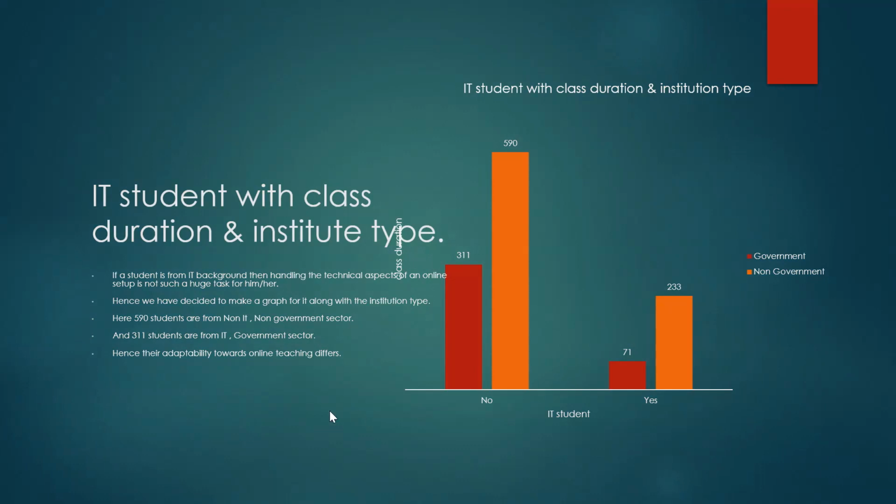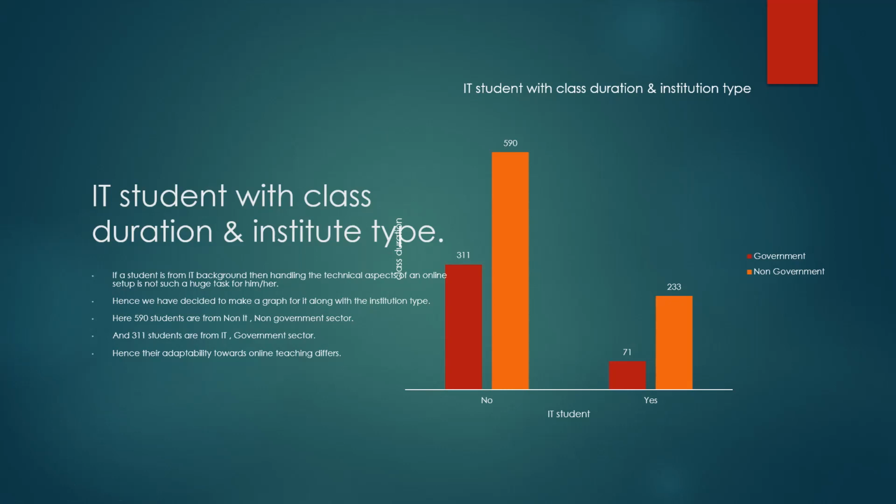If a student is from an IT background, then handling the technical aspects of an online setup is not such a huge task for him or her, because he might know when to turn the camera on and off, mute and unmute himself, and do the volume setup and everything. Students pretty much only do these 2 or 3 tasks which I have mentioned. So that's why it's not that difficult for an IT student. But for a non-IT student, it becomes quite a challenge, right?